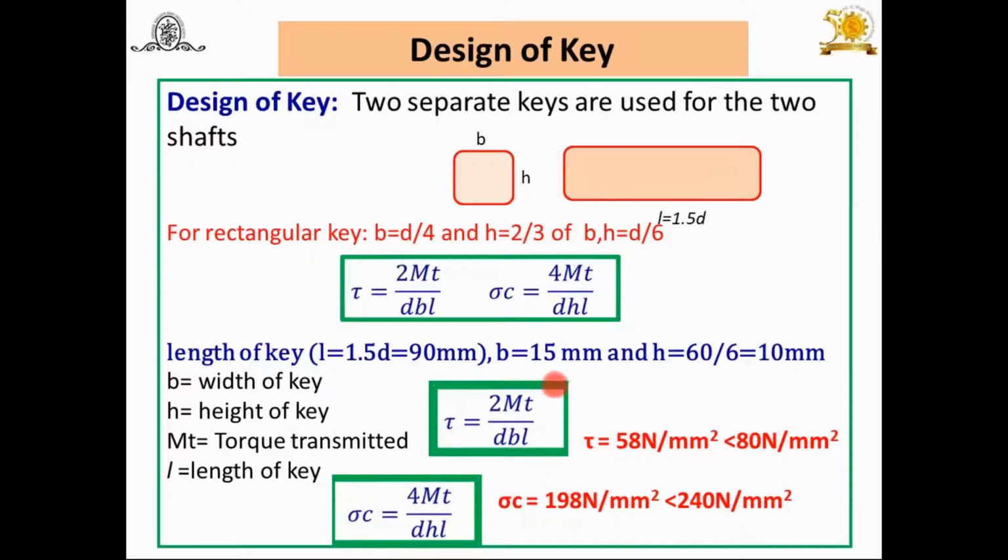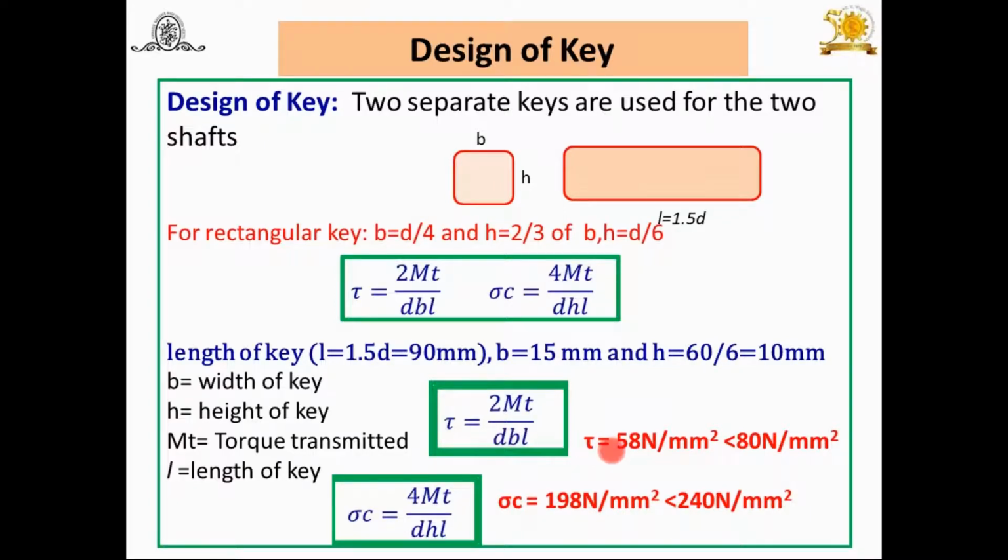Now let us find out the shear stress induced in the key. We know very well the shear stress induced in the key is given by 2Mt upon dBl. Mt means the torque transmitted, d is the shaft diameter, B is the width of the key, L is the length of the key. So you can substitute all these values and find out this tau.